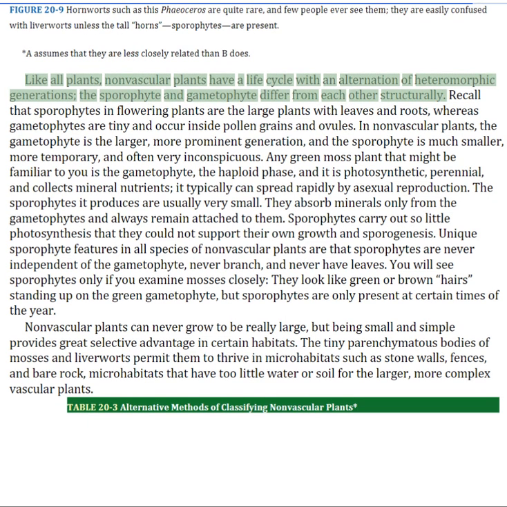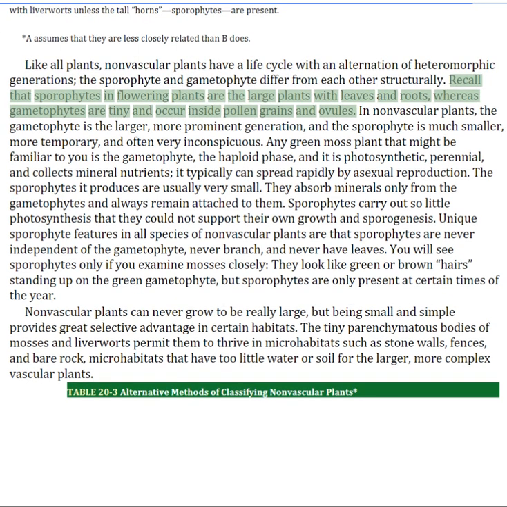Like all plants, non-vascular plants have a life cycle with an alternation of heteromorphic generations. The sporophyte and gametophyte differ from each other structurally. Recall that sporophytes in flowering plants are the large plants with leaves and roots, whereas gametophytes are tiny and occur inside pollen grains and ovules.